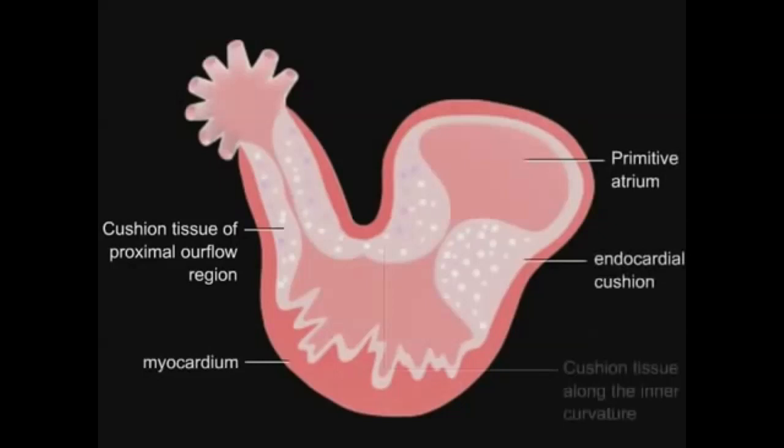This is from cushions which surround the outflow region, and this is the endocardial cushion, which makes the narrowing of the atrioventricular canal. So we can see primitive atrium and primitive ventricles, and between them there is a very narrow space.